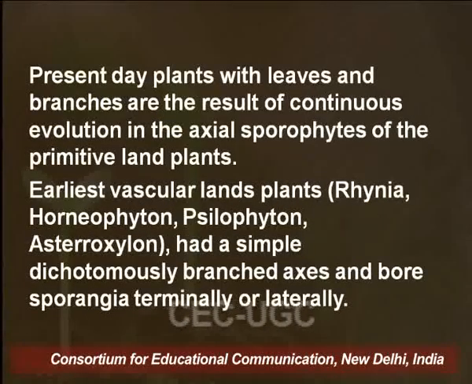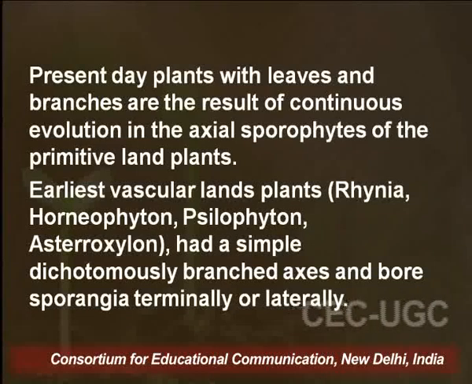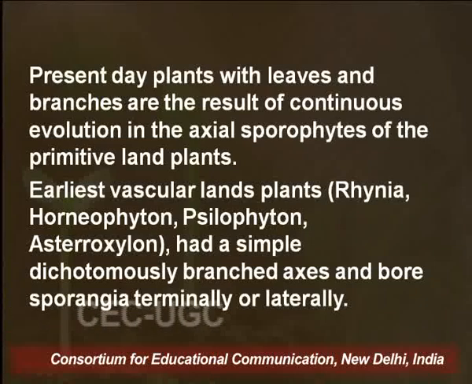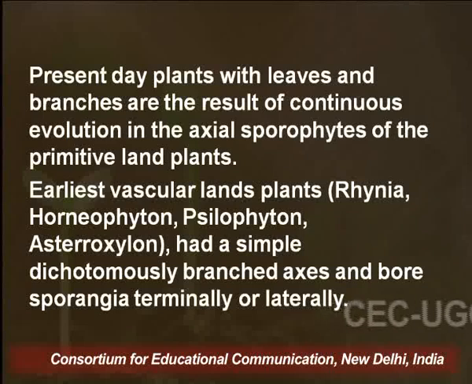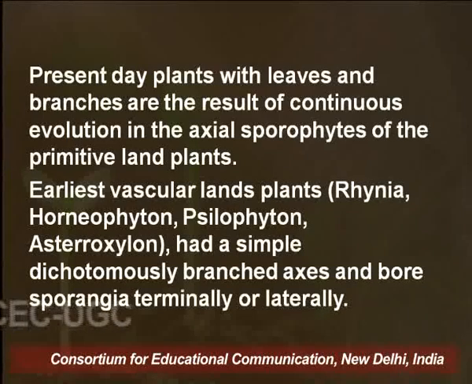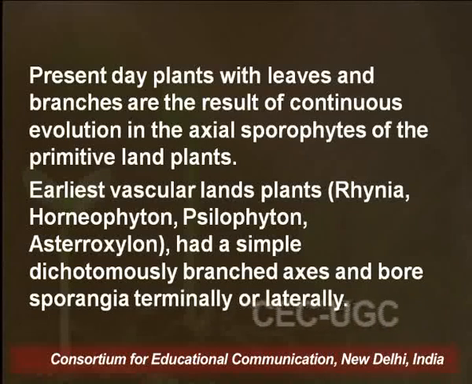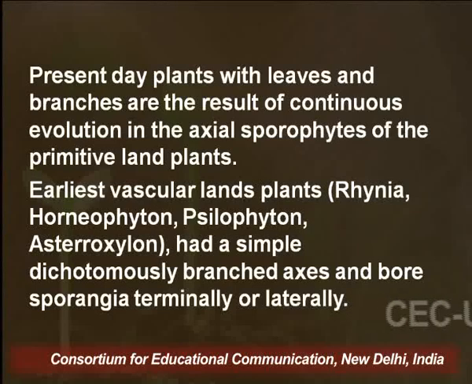Present day plants with leaves and branches are the result of continuous evolution in the axial sporophytes of the primitive land plants. The earliest vascular land plants such as Rhynia, Horneophyton, Xylophyton and Sterozylon had a simple dichotomously branched axis and bore sporangia terminally or laterally.